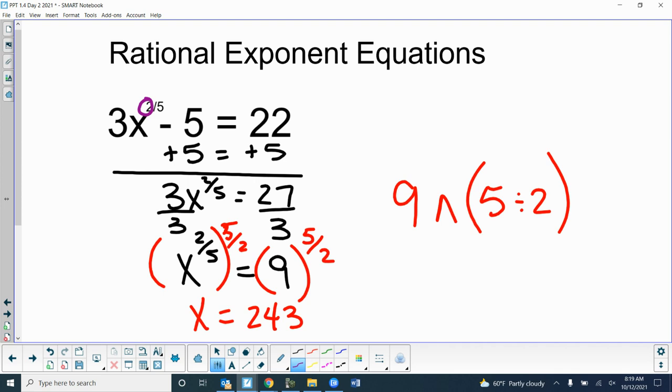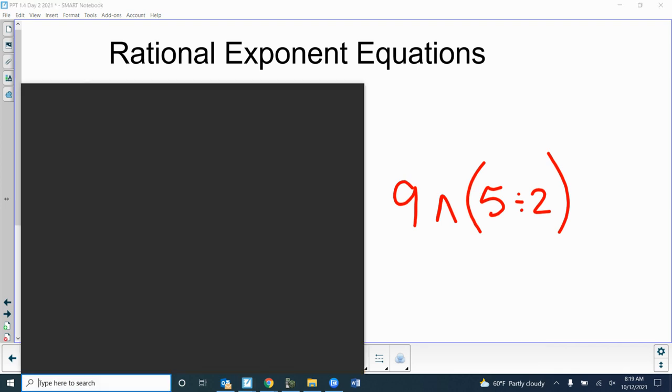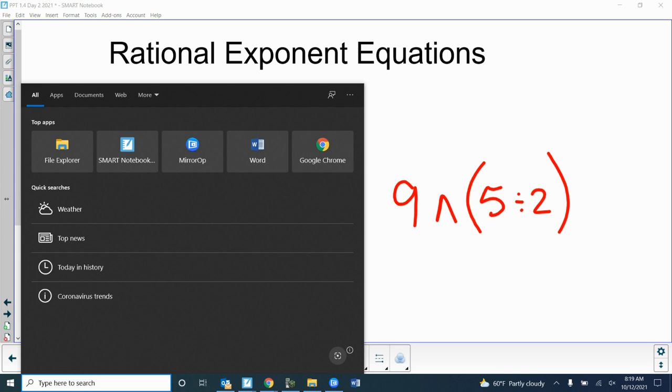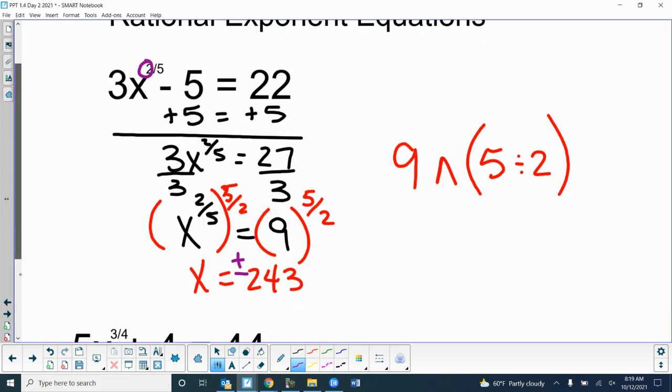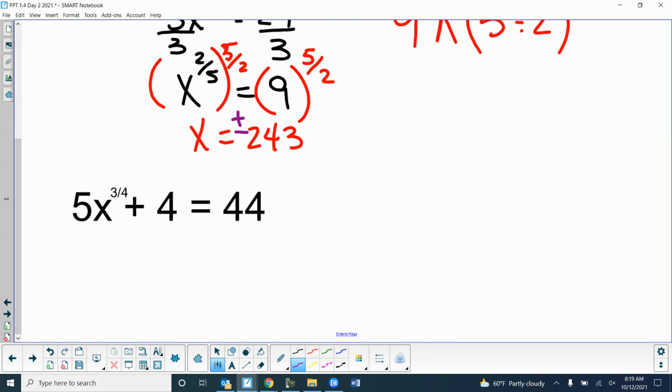When the exponent's even, you have to put the plus or minus symbol in front of your answer. When it's an odd one, like this one, you don't have to put that symbol. I forgot about that little detail. So for the first one, we got to put plus or minus 243. For this one, we're just going to have our one answer.